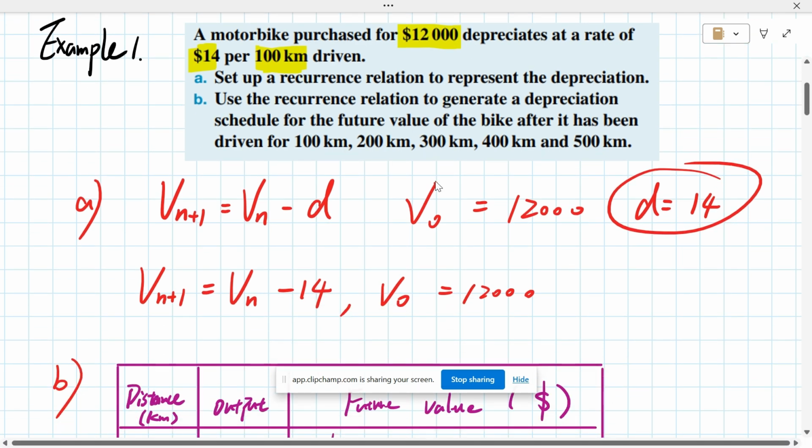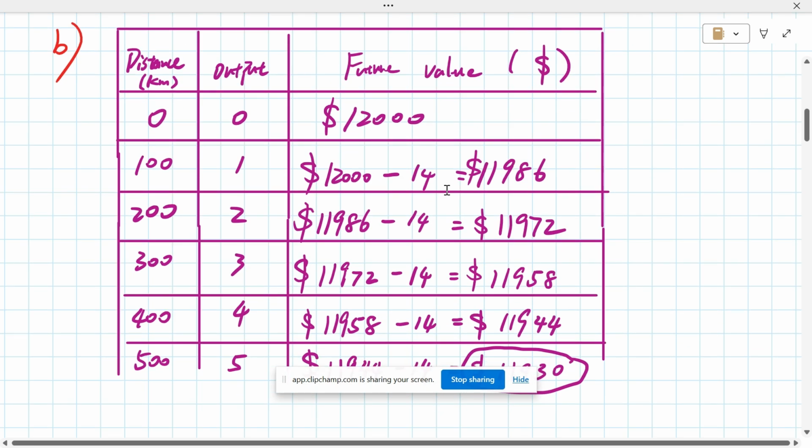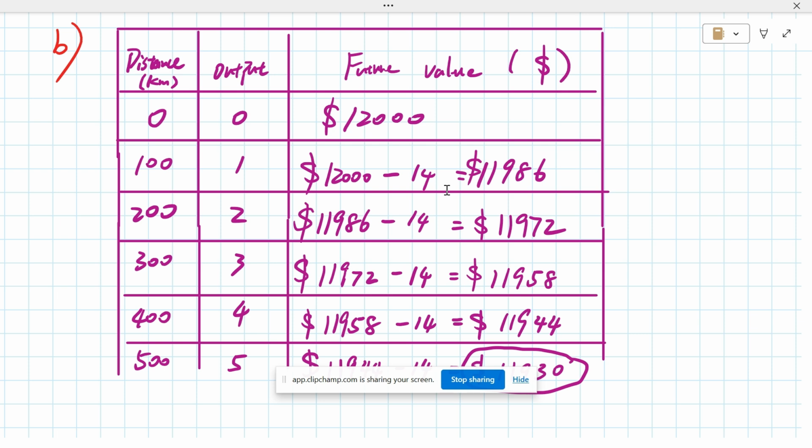Now we're going to use the table to find out the values for 100 kilometers, 200, 300, up to 500. We're just adding the hundreds. So we start with $12,000, and once you add 100 kilometers, your future value becomes 12,000 minus 14, which is 11,986. 200 kilometers later you minus the 14 again.